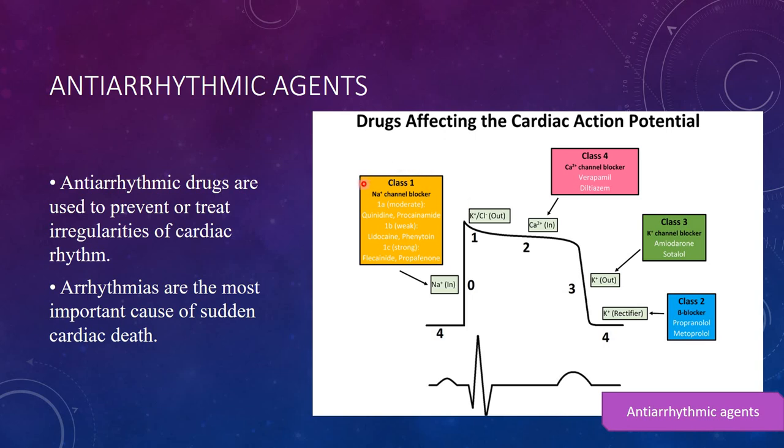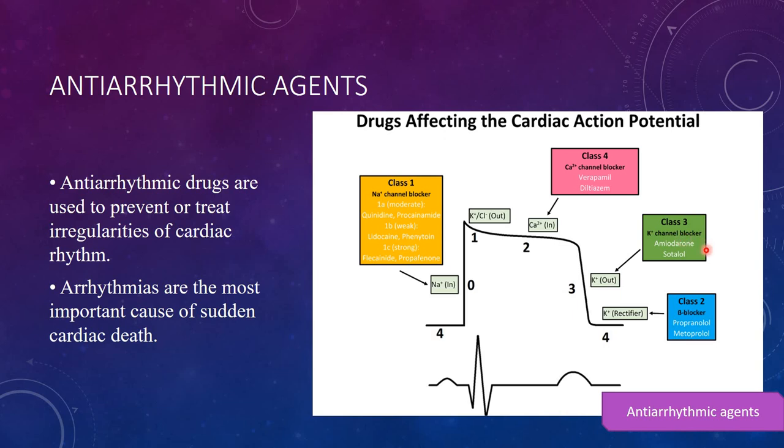Here, class 1 drug is the sodium channel blocker, class 2 drug is the beta blocker, class 3 is the potassium channel blocker, and class 4 is the calcium channel blocker. Examples of sodium channel blockers: quinidine, lidocaine and flecainide. Class 2 beta blockers: propranolol, metoprolol.